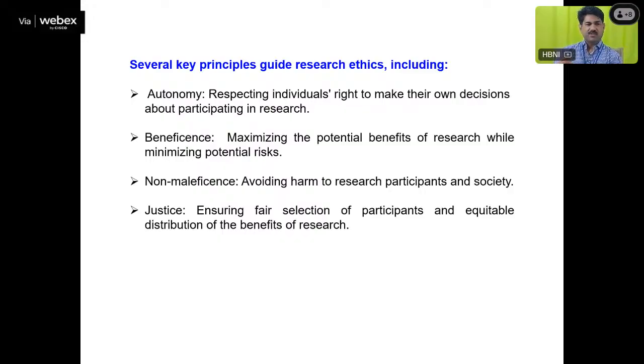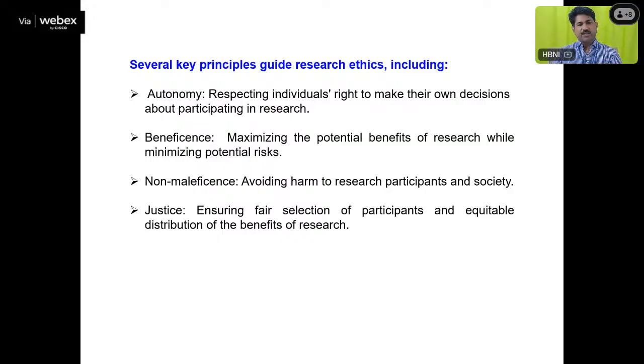Just one or two examples I'll mention here. We are taking a social type of research in which we have to see the condition of various patients. Let us assume HIV patients, where we are studying the mental status of various HIV patients.